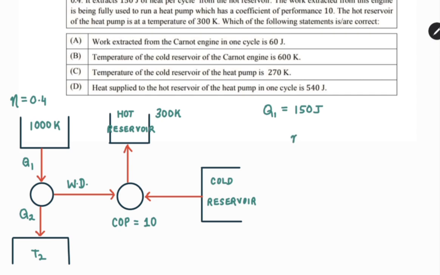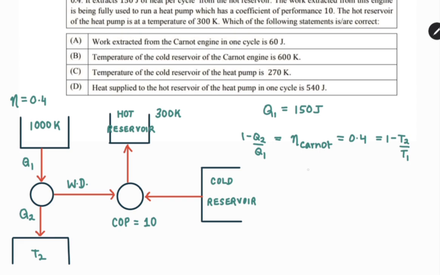So we can say that eta Carnot is given to us as 0.4, and this is equal to 1 minus T2 by T1, also equal to 1 minus Q2 by Q1. So here we will be using it twice.